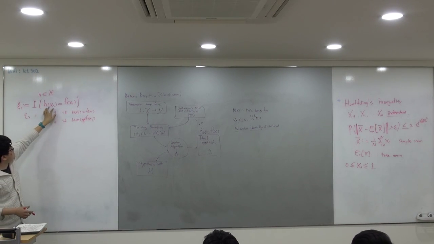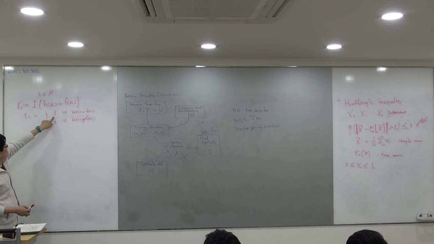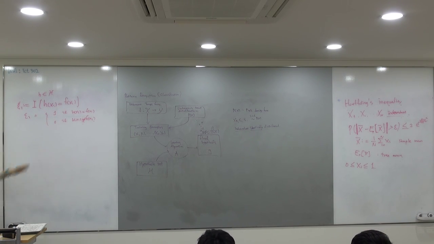If h and f are the same, you set the value 1, and if they are not the same, then you set 0. And you should notice that this psi_i is also a random variable.